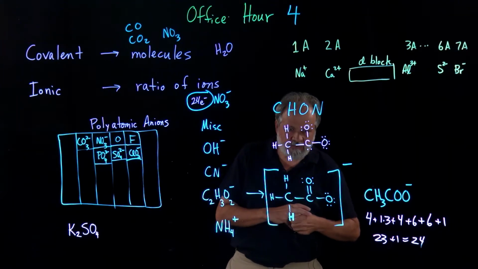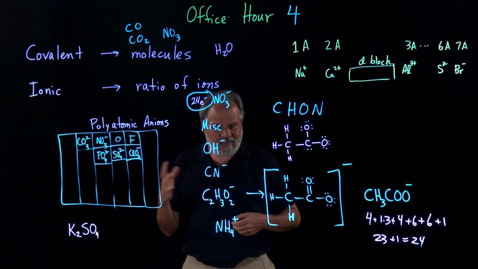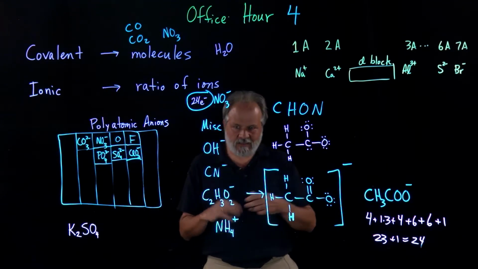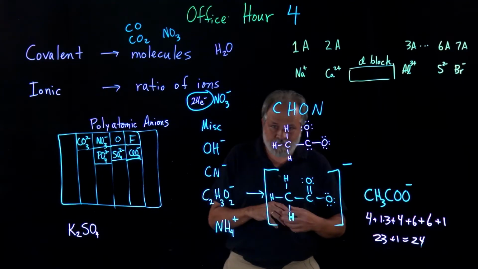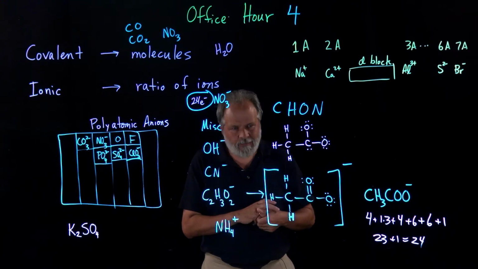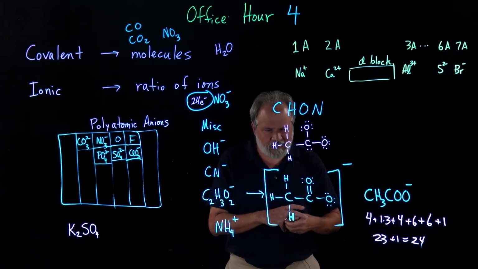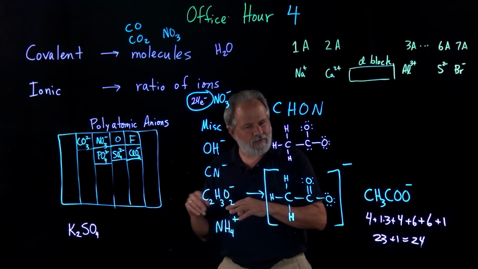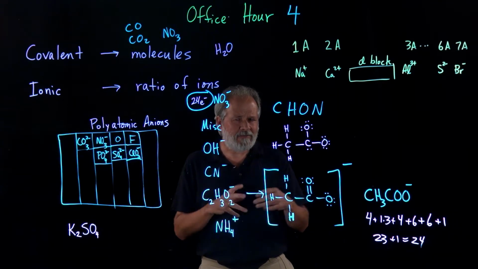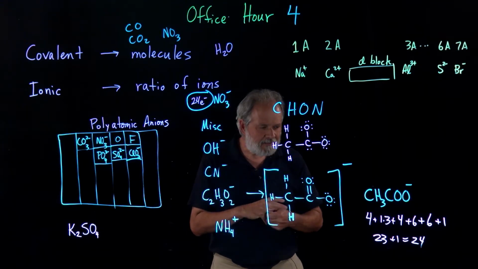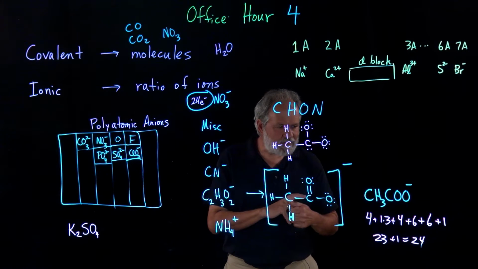Some versions actually exist with electron configurations. That's a big no-no, right? And not only that, but looking at actual electron configurations, the rules we give you work 90% of the time. So that's why you don't want to use that.